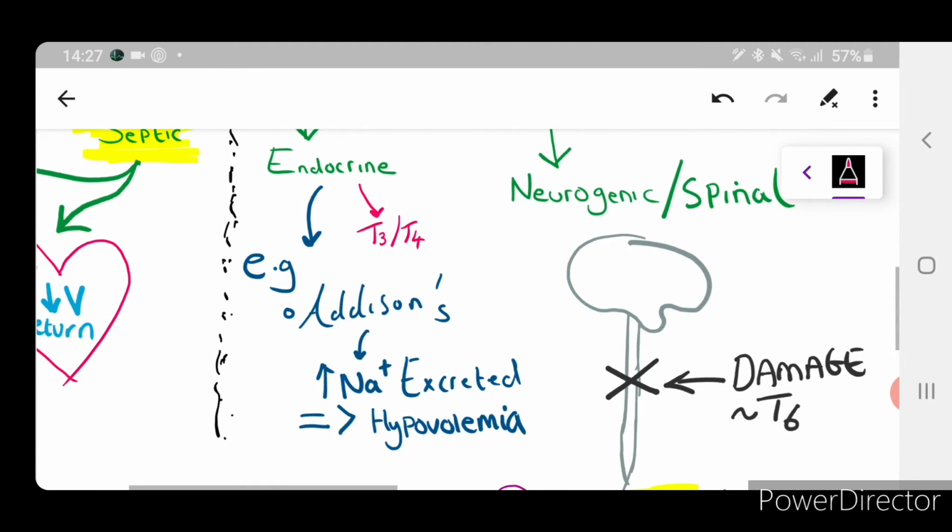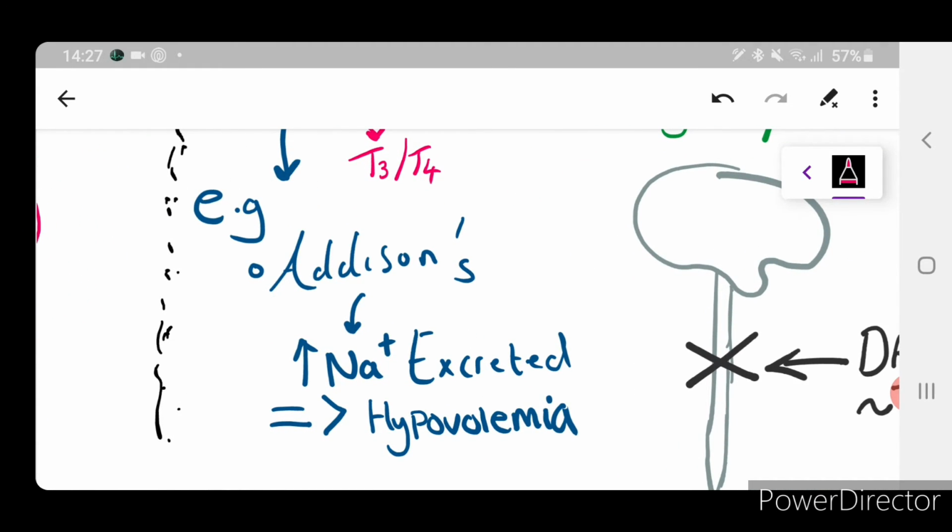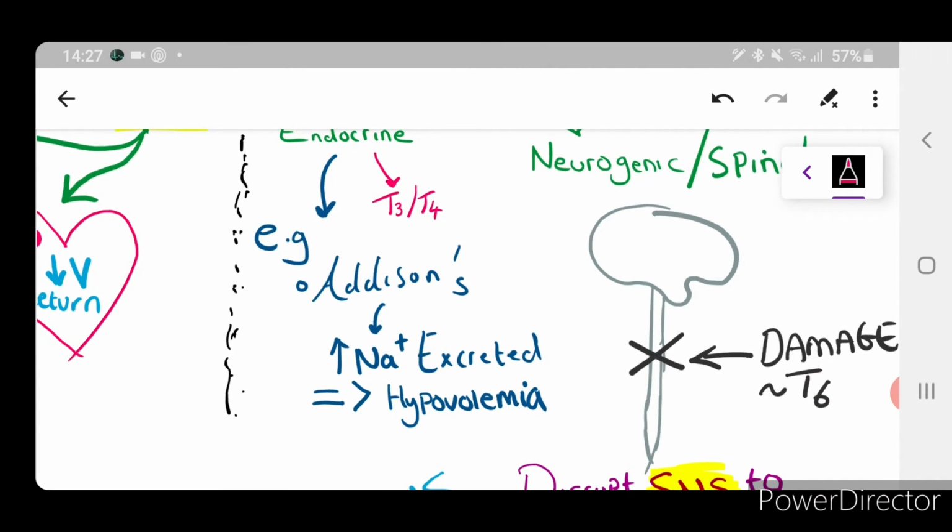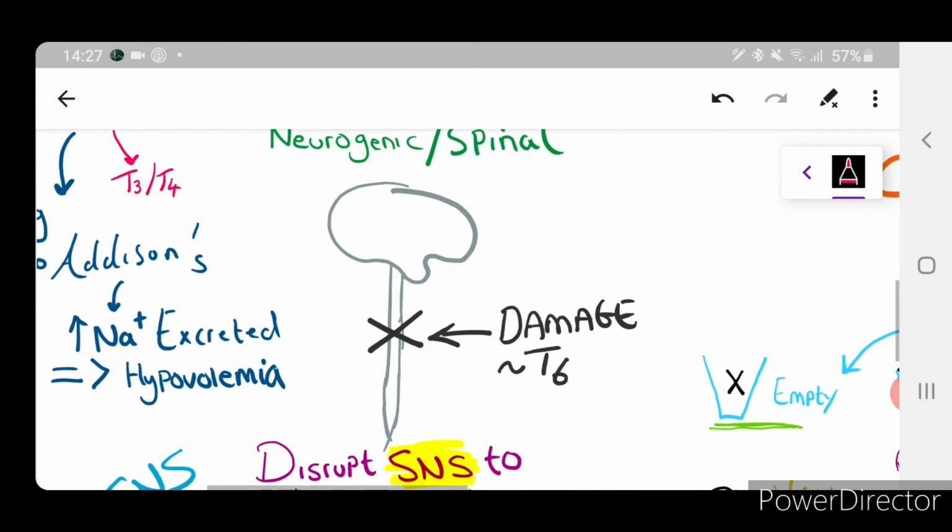Okay, but let's focus on Addison's. Now with Addison's, we know that there is a decrease in the ADH function, decreased aldosterone, and what this means is there's going to be more sodium excretion, and with sodium excretion there's going to be increased volume of water that follows, and so you're going to have a decrease in systemic intravascular volume as a whole.